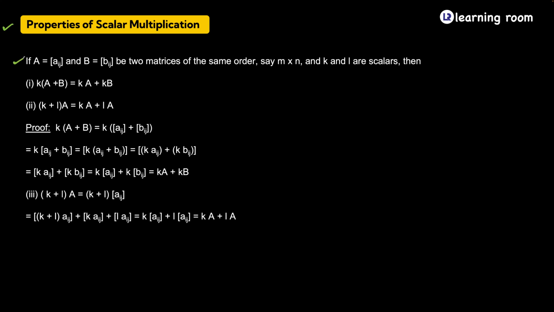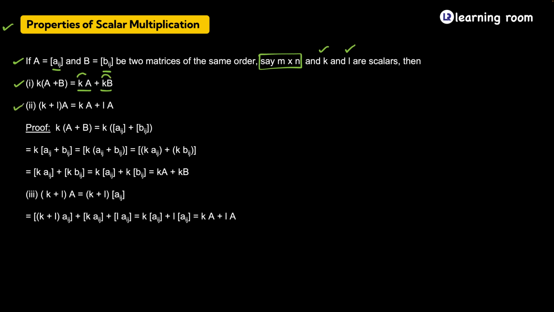So if I take a matrix A, which contains the elements Aij, and B contains the elements Bij, the two matrices of the same order, say M cross N, and K and L are scalars, then K into (A plus B) is going to be Ka plus Kb. So the K will get multiplied with each matrix.